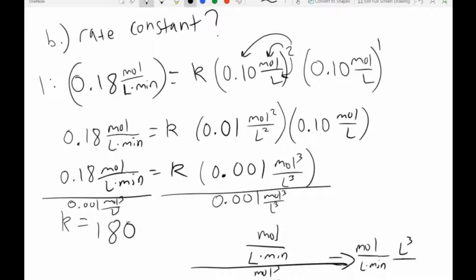So it's multiplied by liters to the third over moles to the third. So as we can see here, the liters cancel to give liters squared on the top, and the moles cancel to give moles to the second power on the denominator. So these are our units here for the K constant. It's liters squared on the top over moles squared.